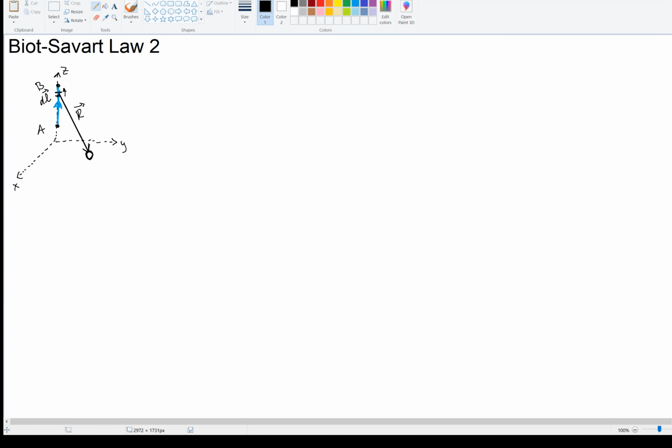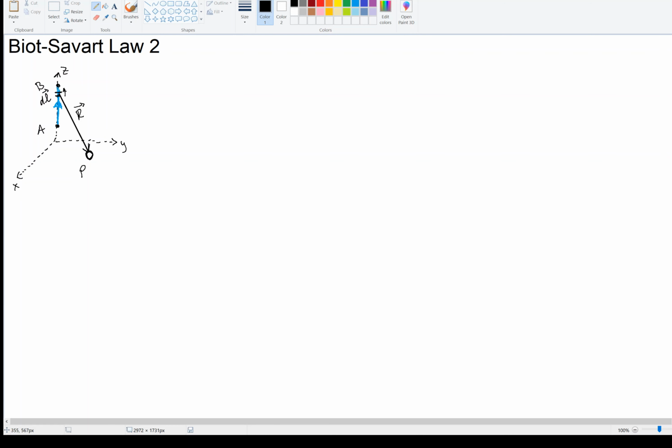That was my choice. I've identified a differential element in the wire, dl, and I just kind of picked that. We're going to integrate over the wire in a little bit. And then I've chosen a point P, call that a field point. Okay, and the vector r locates P from the differential element dl.